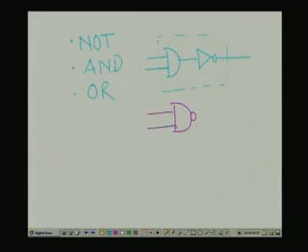This notation always means that it is inverted, that this is my A dot B complement. So, this is my NAND gate.